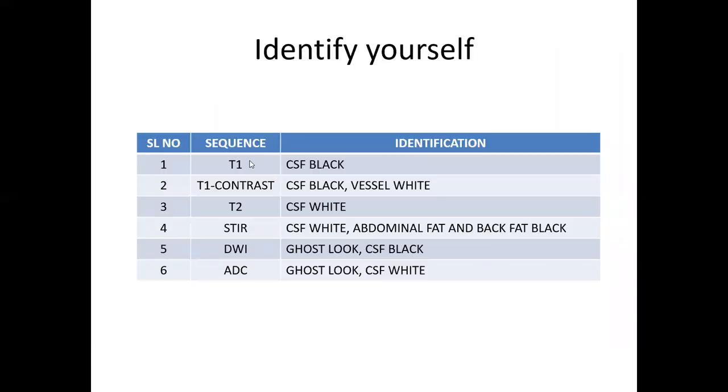So for easy identification, you can remember: T1 sequence, CSF black; T1 contrast, CSF black, vessel white; T2, CSF white; STIR, CSF white, abdominal fat and back fat black; diffusion weighted image, ghost loop by CSF black; ADC, ghost loop and CSF white.